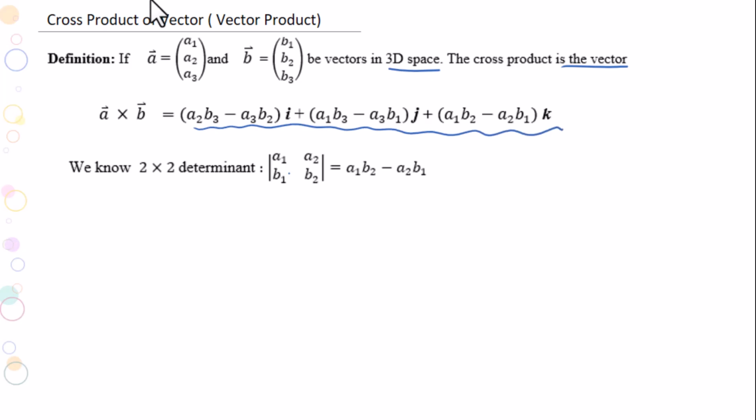I will show you how to get this cross product. We know a 2 by 2 determinant is A1 times B2 minus B1 A2. For A cross B, we will use the 3 by 3 determinant formula.